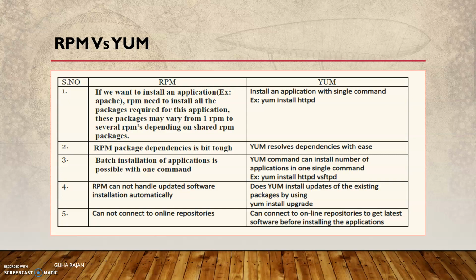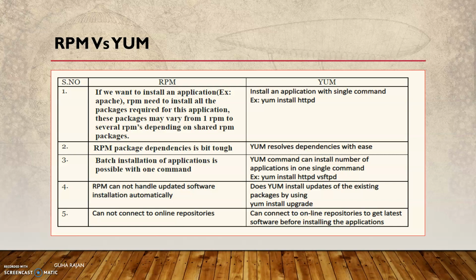And the way yum achieves this is through the last point. It can connect to the online repository, where you will have all the dependency components available, so that installation is faster and effective.